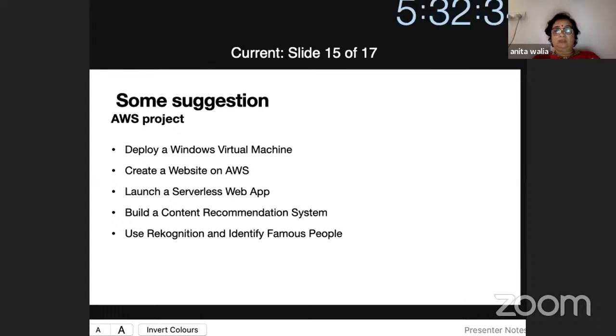You can use something called Amazon Lightsail. I'm just sharing whatever I know, a little bit here and there. I've heard about these projects from some of my students who have done them and told me, ma'am, we have done this. Amazon Lightsail is a cloud platform that provides you with the required resources to build a website or an application.